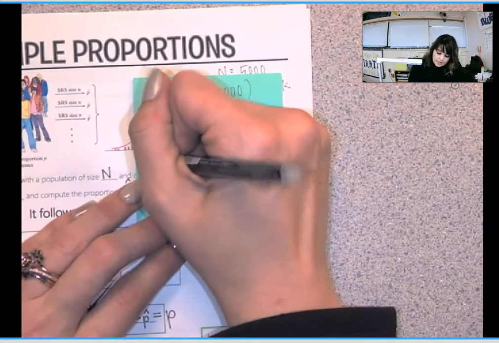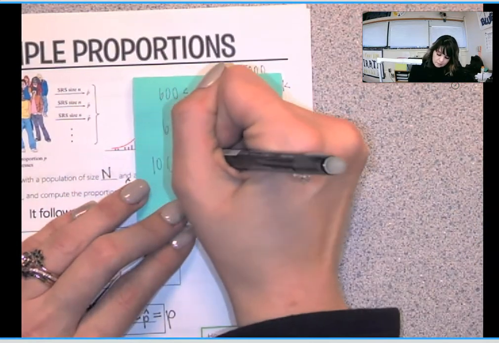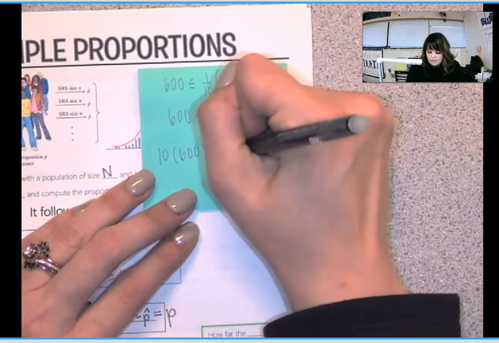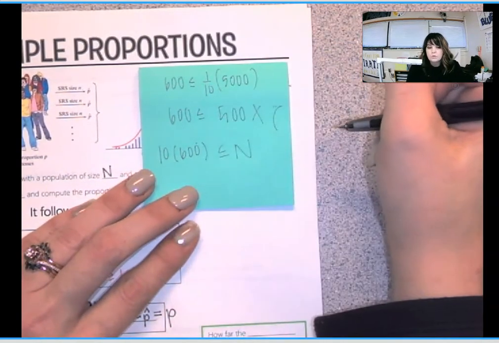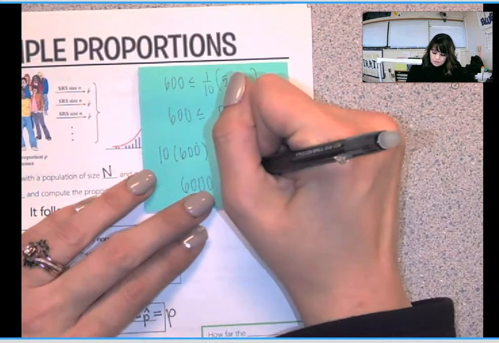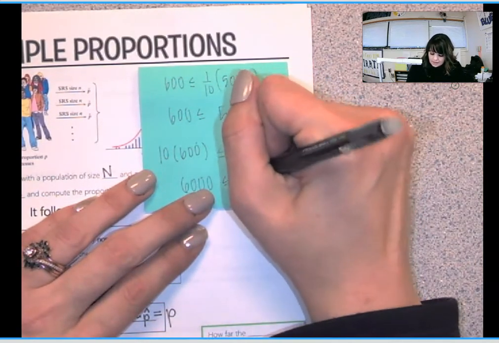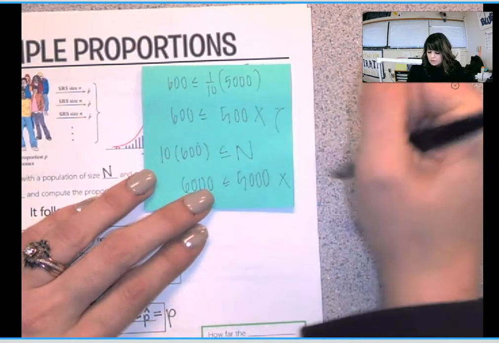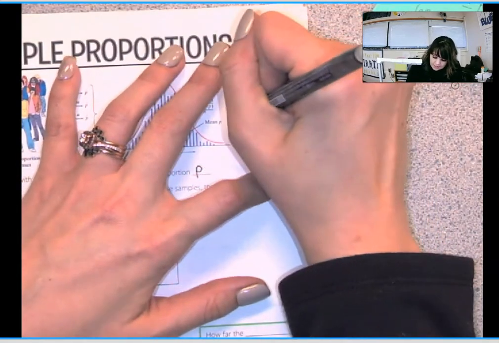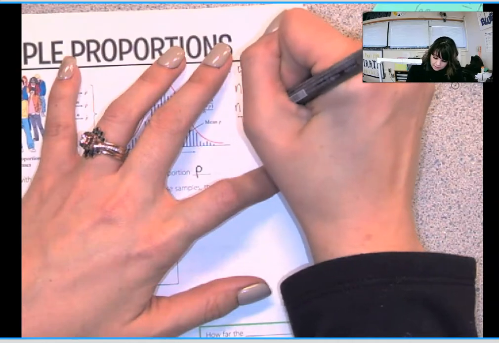The other way is 10 times our sample size of 600, is that less than or equal to our population? Well, that gives me 6,000. Is that less than or equal to 5,000? No. So this sample size is too big.